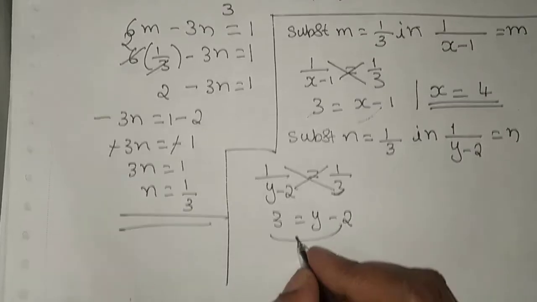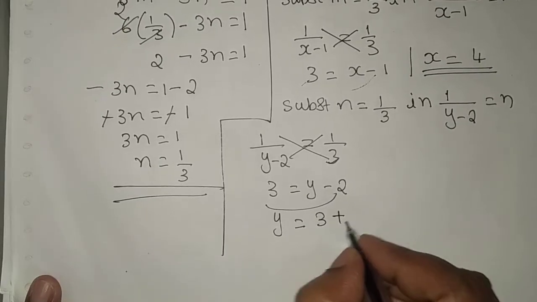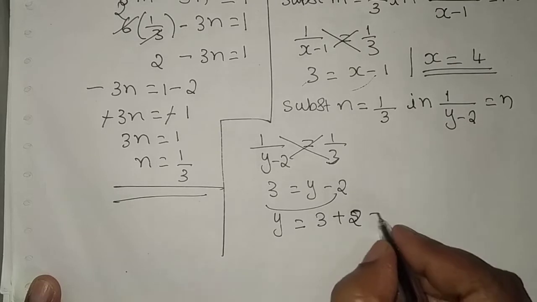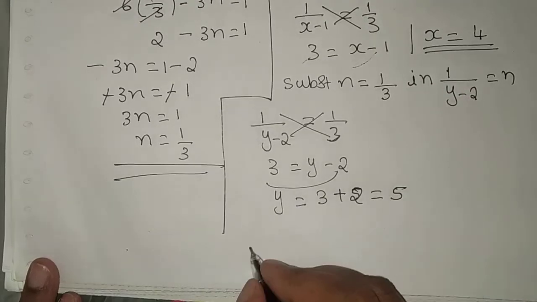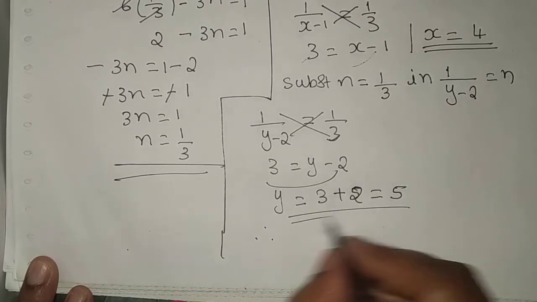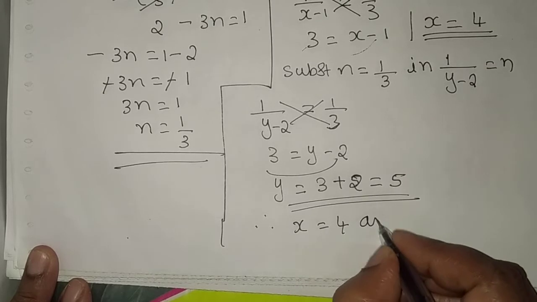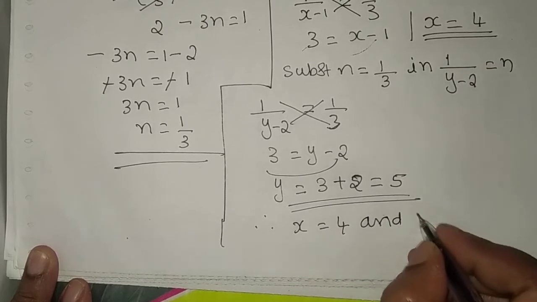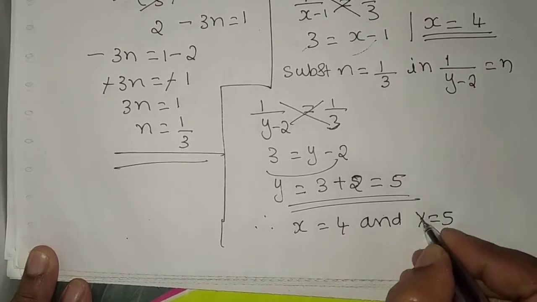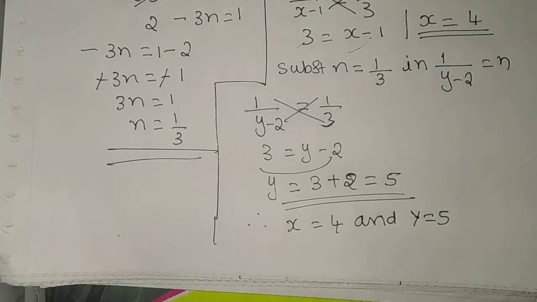So minus 2 comes this side, means y is equal to 3 plus 2, which is 5. Therefore finally we are getting x is equal to 4 and y is equal to 5 is the answer. So this is the solution for the fourth problem.